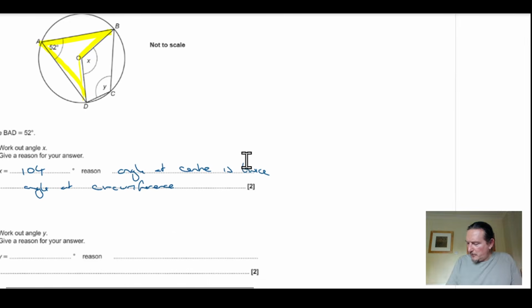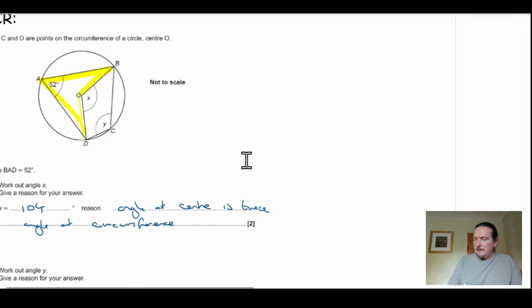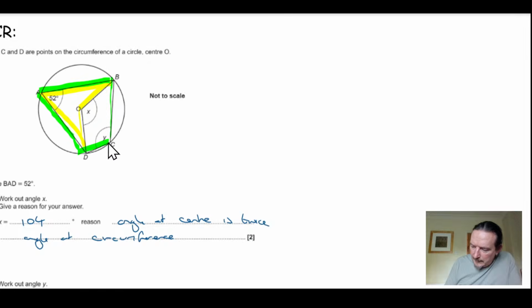Okay, and the next part of the question says work out angle y, give a reason for your answer. Now you've got another shape in this diagram. The trick about circle theorems is seeing the more simple shapes within the more complicated diagram. You've got here what we call a cyclic quadrilateral. You've got 4 corners sitting on the circumference of the circle, forming a cyclic quadrilateral.